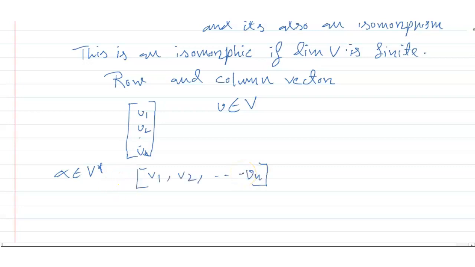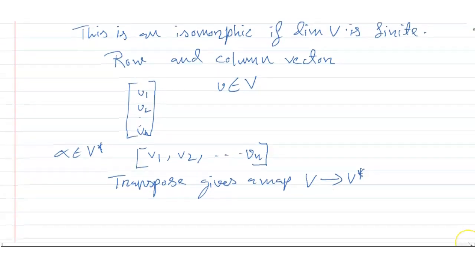So transpose gives a map from V to V star. Why is this well defined? Because you can take a row vector and apply it to a column vector and get a scalar.